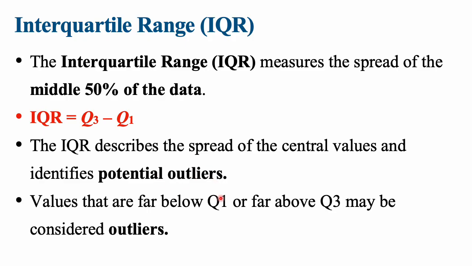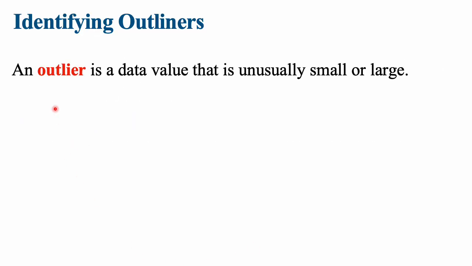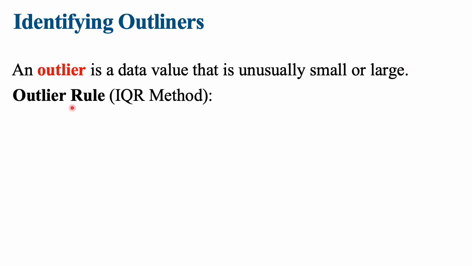Then what is an outlier? Outliers are values that are far below Q1 or far above Q3. I'm going to show how to find outliers by using the IQR. How are we going to identify an outlier? An outlier is a data value that is unusually small or unusually large. Here is how to calculate outliers, guys.